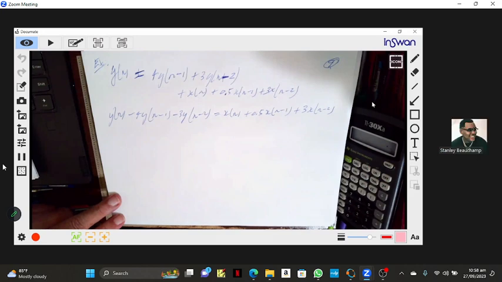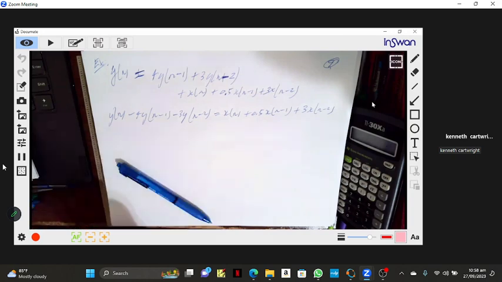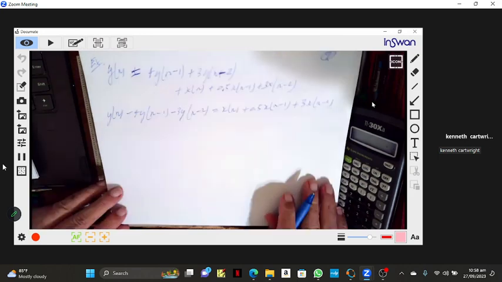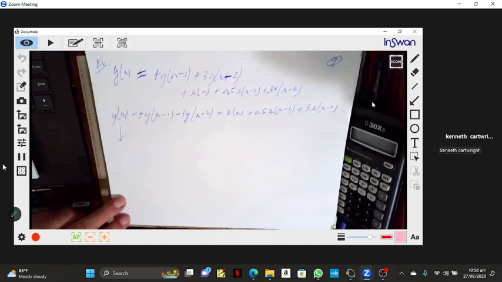Can you find the Z transform for each one of those terms? All right. What does y of n become?